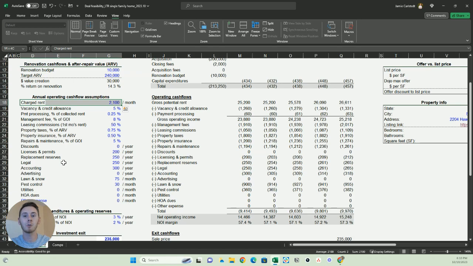And they're going to be able to guide you even more so on where that rent number should be for your model. So now, management fee.